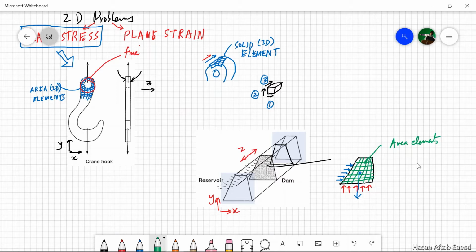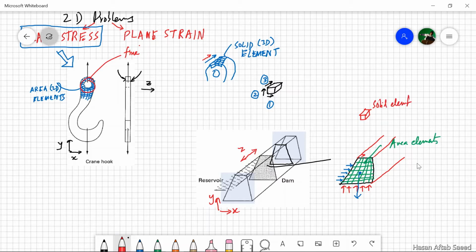Now, if we were to mesh this as a solid body, then we would have needed elements in this direction as well, in this direction, and using the same considerations that we talked about, we would have then needed elements like this, something like this, solid.